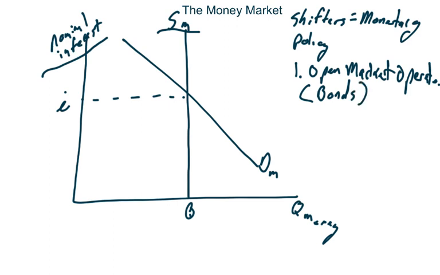That's it, right? So if we want to create a bigger money supply, we would buy bonds. Remember, buy bonds equal big bucks. And once we do buy bonds, we create more money, and the supply of money shifts to the right.